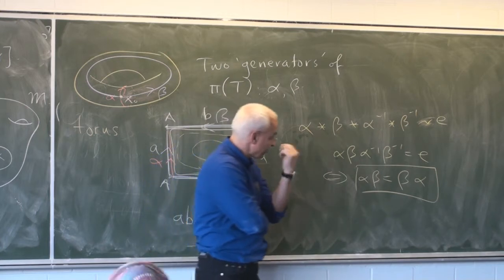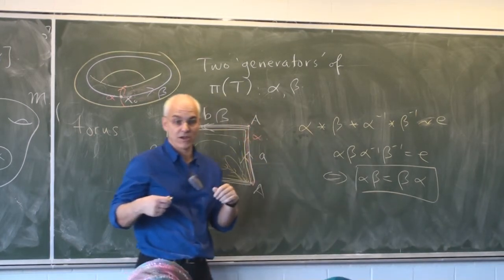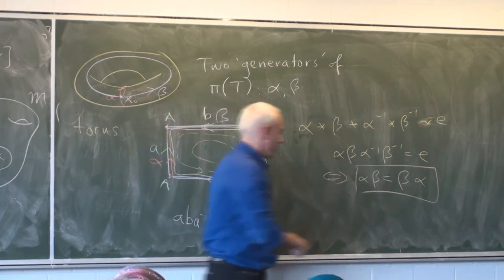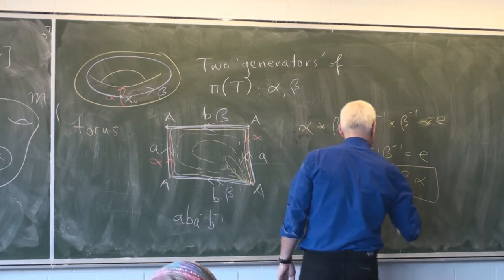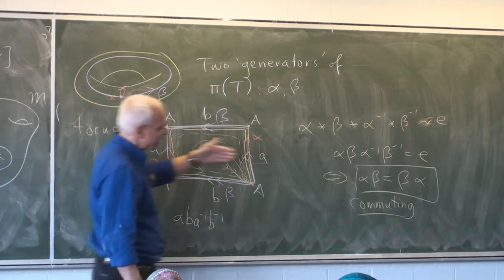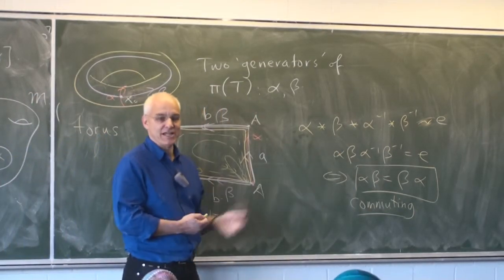And that's the relation of commutativity. That's telling us that alpha and beta are commuting here. And that means that this group is actually a commutative group. So this makes describing the elements in this group a lot easier.